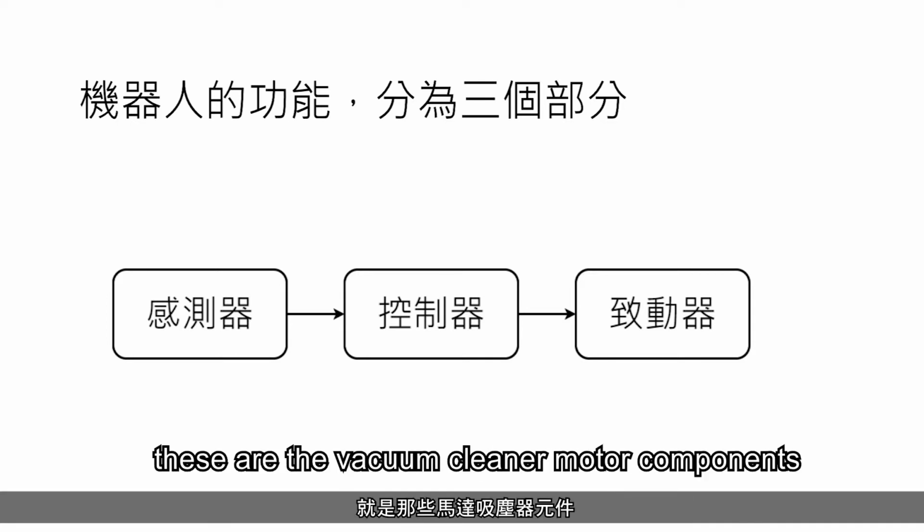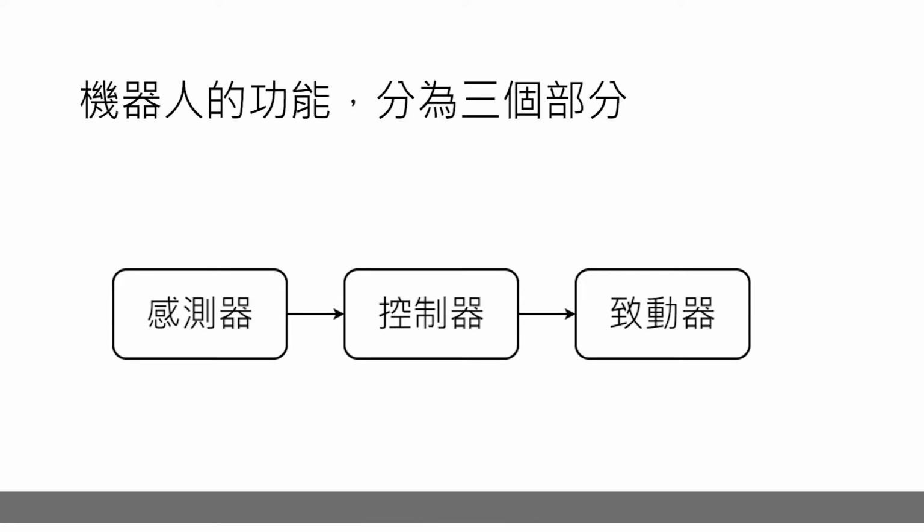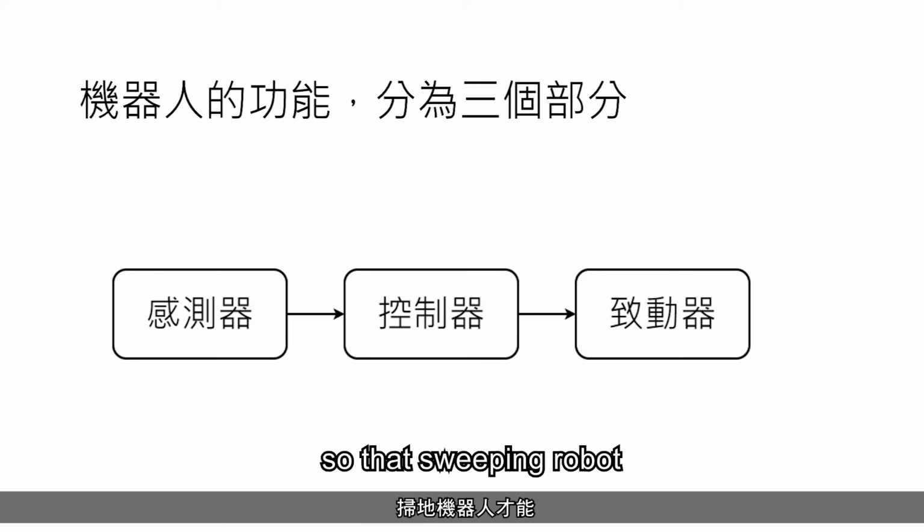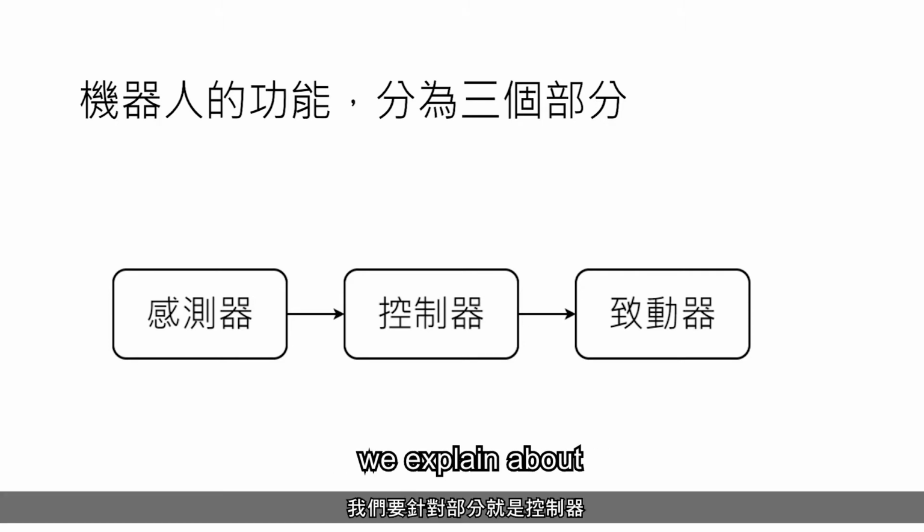These are the vacuum cleaner motor components, so that the sweeping robot can perform vacuuming and mopping tasks. So in the following lesson, we explain about the controller and the actuator parts, as well as some practice.